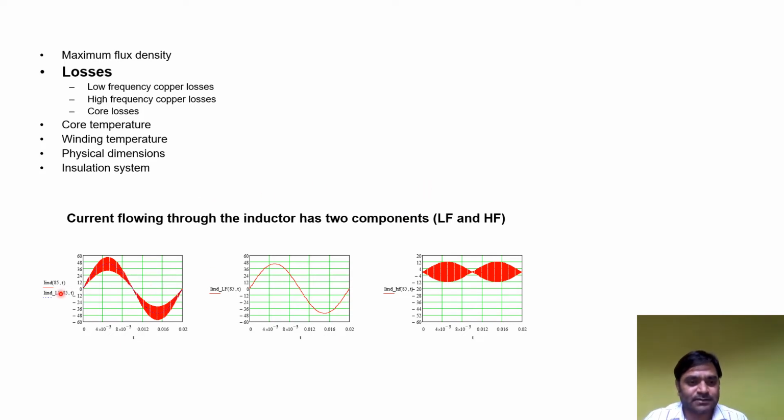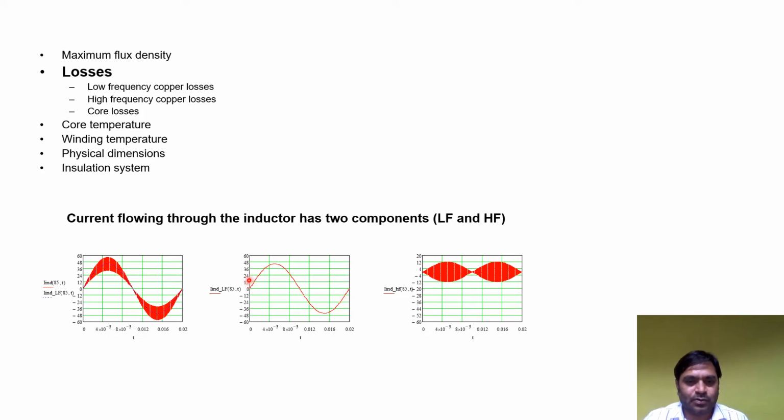PFC inductors basically have two components of current. One is the 50 or 60 hertz component, and another is the high frequency current, which rides on this low frequency current. So to calculate the losses, we need to calculate the low frequency copper losses and then the high frequency copper losses.